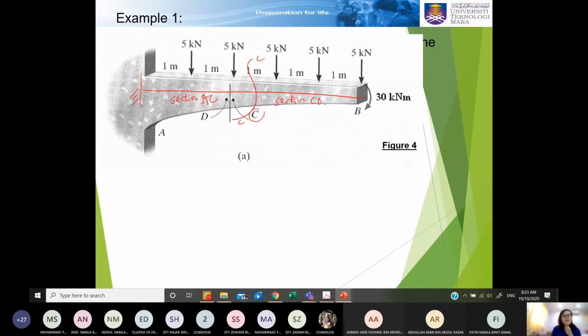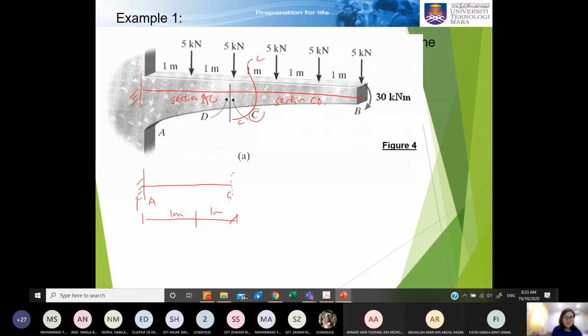If you want to consider section AC for your analysis, this will be your free body diagram. So you will have A and C here. It should not be C, it is somewhere at X, but if you already know exactly at C, so you want to determine at C, not at X, it will be at C. C means you have 2 meters.